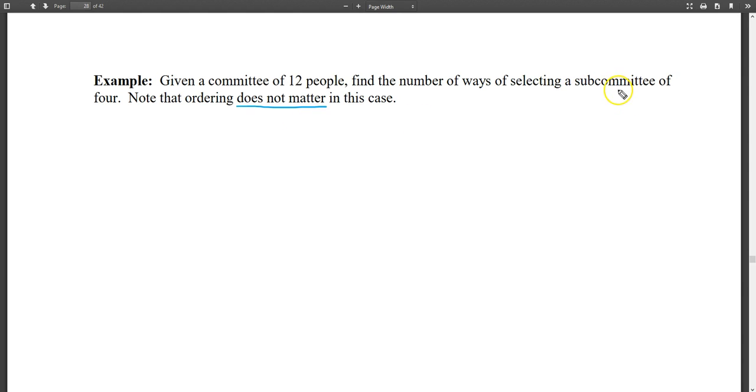But now when we select a subcommittee, there's nothing special about the ordering anymore. So if we were to select Joe, Sue, Lisa, and Dave, that's the same as if we selected Lisa, Sue, Dave, and Joe. These are the same. They're just 4 people on a subcommittee. There's nothing special about the ordering.